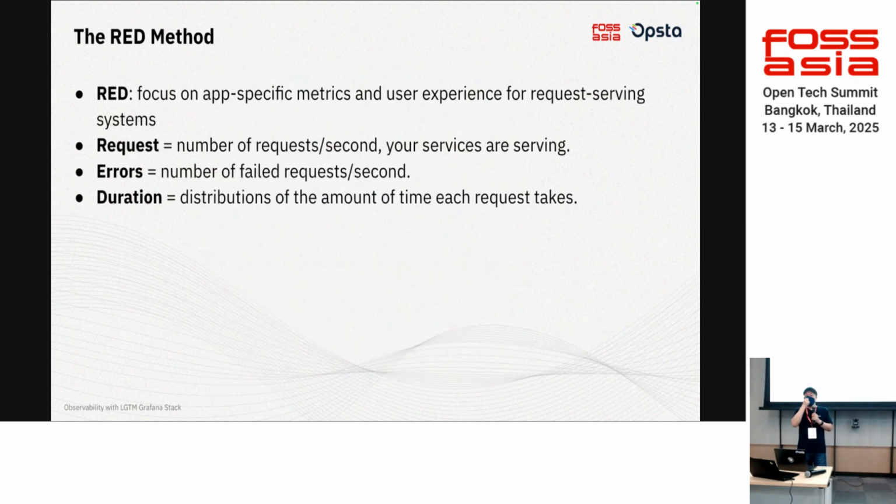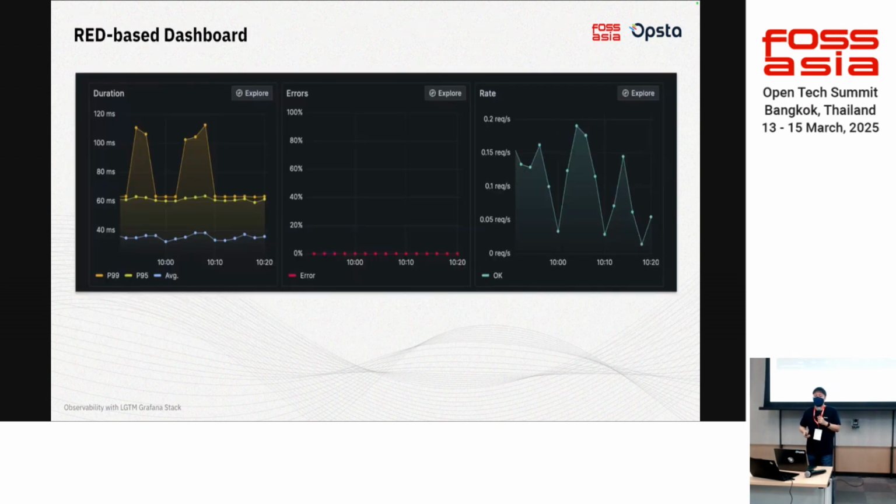Next, everyone should be doing this. It's called the RED method. The RED method focuses on the application. It combines request rate, errors, and duration. So you know exactly how the user interacts with the system and how they experience it.